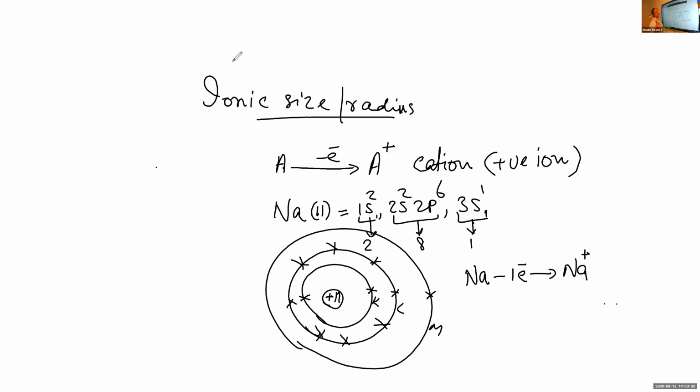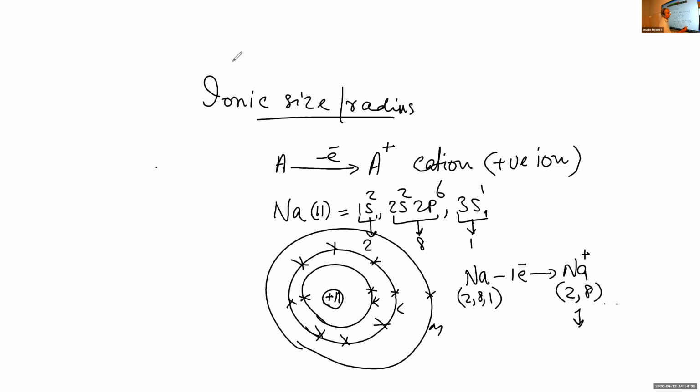In sodium atom, atomic number is 11, therefore 2, 8, 1 is the number of electrons. Now, in Na plus, 1 electron is removed, so there will be only 10 electrons.